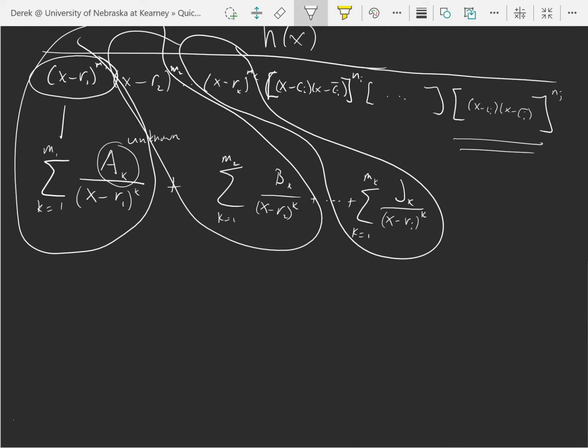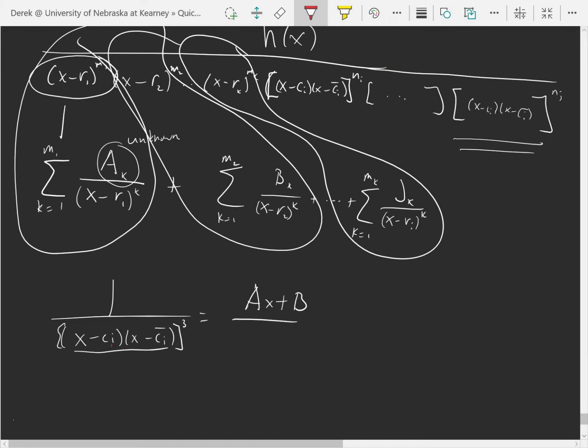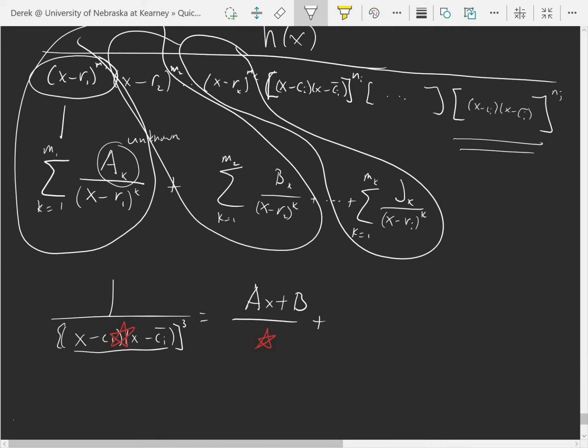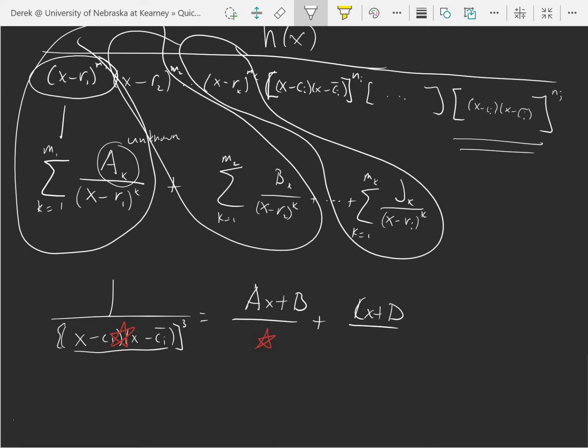For the quadratic factors, if I have, say, 1 over x minus ci, x minus ci bar to the third, for example, we'll write this as ax plus b over this thing, I'm going to call it star, over star, and then plus cx plus d over star squared plus ex plus f over star cubed.